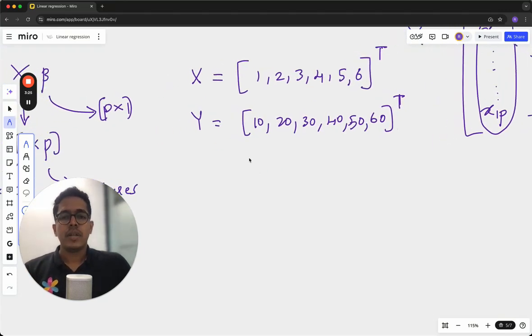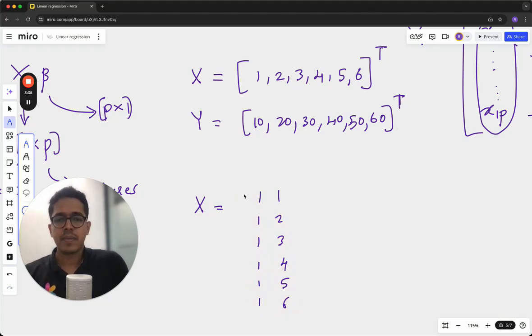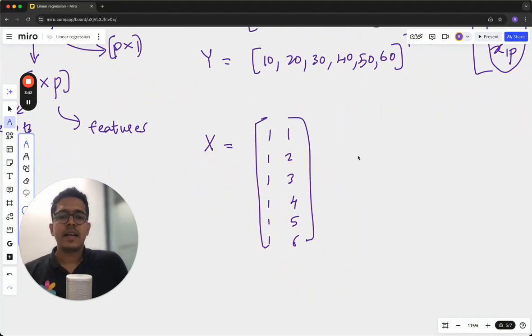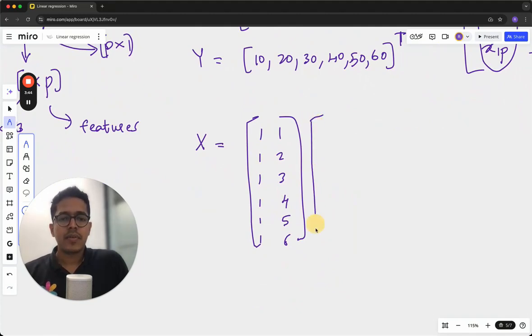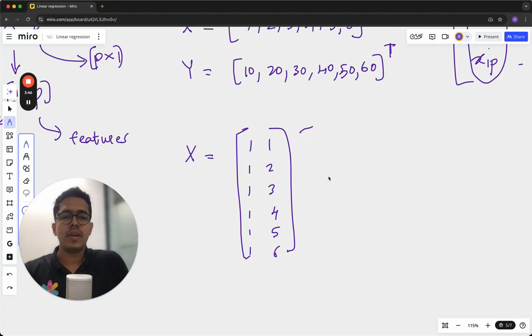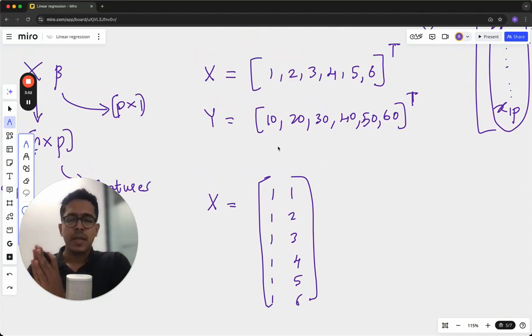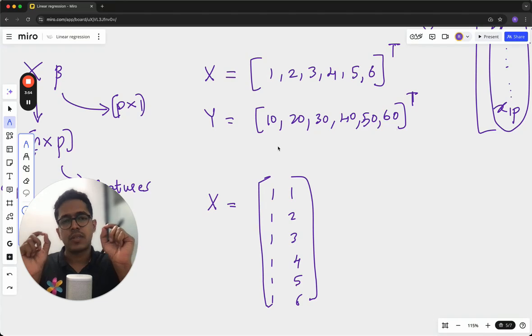Now what we do is, instead of x being just 1, 2, 3, 4, 5, 6, we also append an array of 1s here. This is the first thing we do. And then x times beta. For beta, we need two parameters, because originally every data point was just one dimensional.